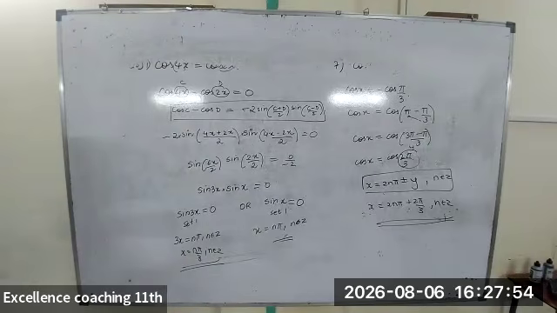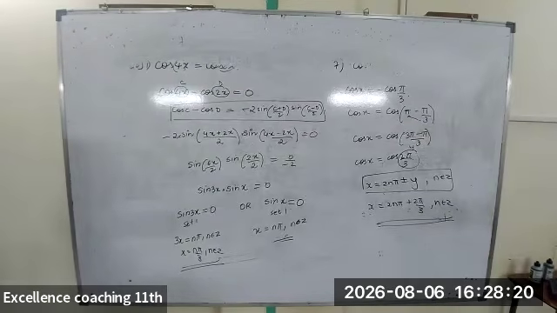How I told you the logic: add and divide by 2 and see if it equals the third one. So 2 plus 4 into 6 upon 2 will be 3, which will not work. 6 plus 4 will be 10, 10 upon 2 will be 5, which will not work. 2 and 6 will work: sine 2x and sine 6x. So 2 plus 6 will be 8, 8 upon 2 will become 4.